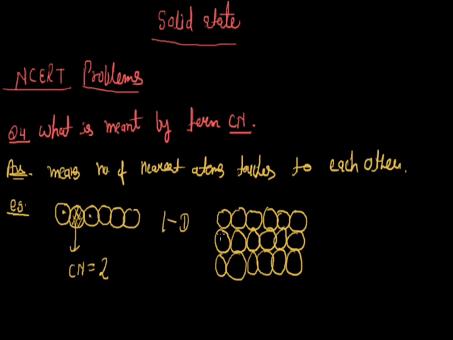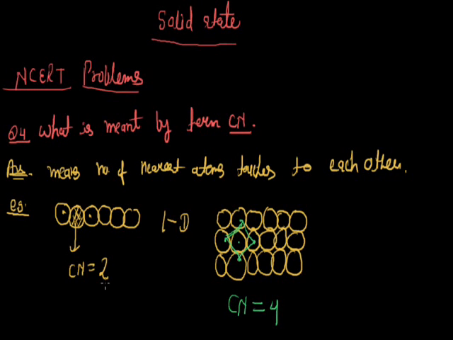If we take any one sphere in the middle, it is surrounded by 4 spheres: 1, 2, 3, 4. This middle sphere touches 4 spheres. They make a square. So this is called square close packing, and the coordination number of this middle sphere equals 4.